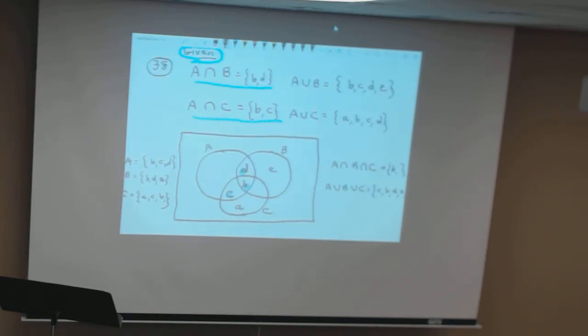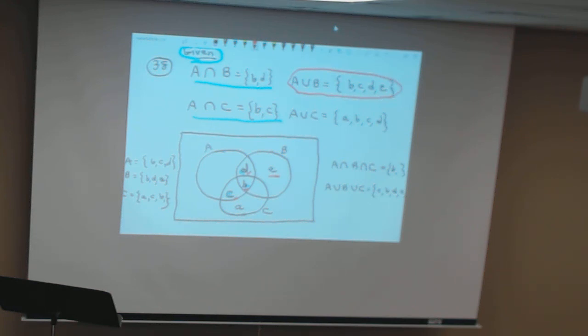Now I come over here and look at the union of A and B. When I put A and B together, I get BC, DE. Well, here's B and C, and here's D, but where's E? Well, E has to be out here in B because it's not in A, but it's in the union of those two.